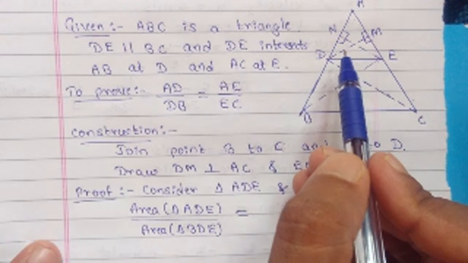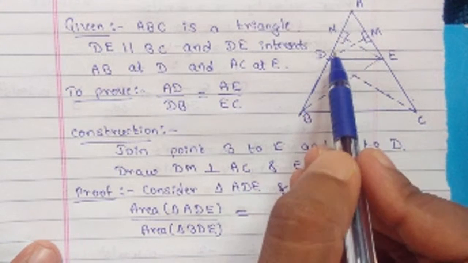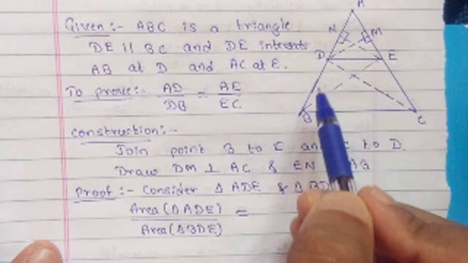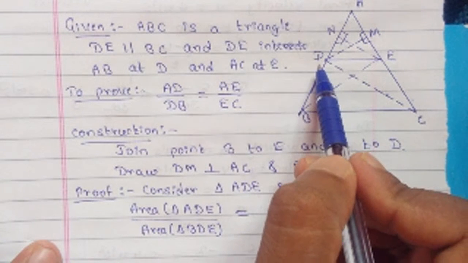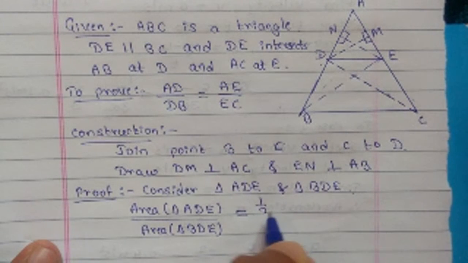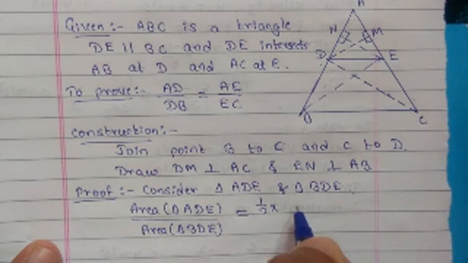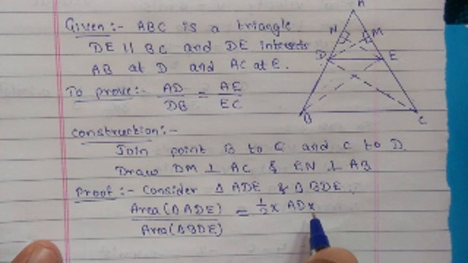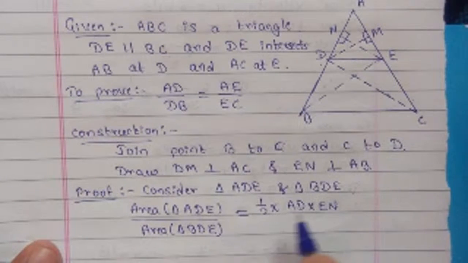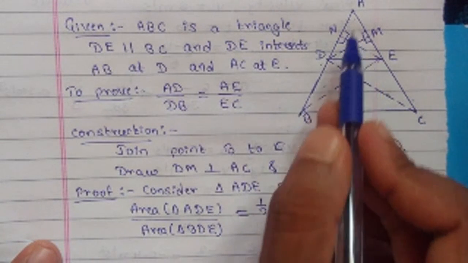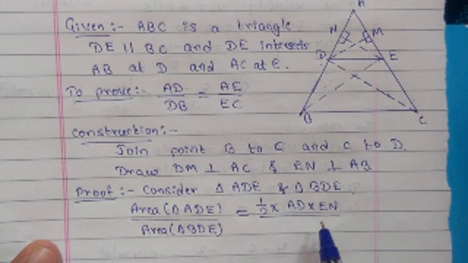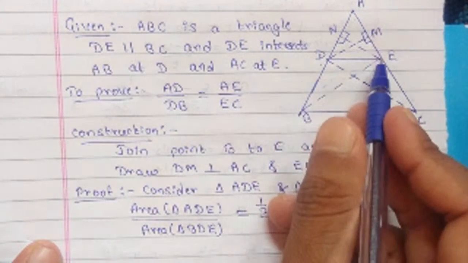So in the first part consider base AD in the numerator and base BD in the denominator. Consider only the left hand side. Okay, so therefore I will consider half into base AD into height EN. That is the area of triangle ADE. Next, divided by the area of triangle BDE.